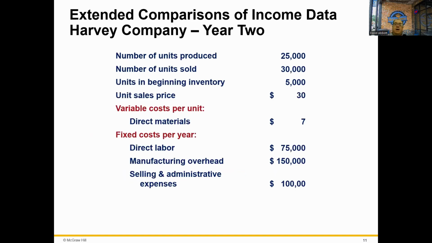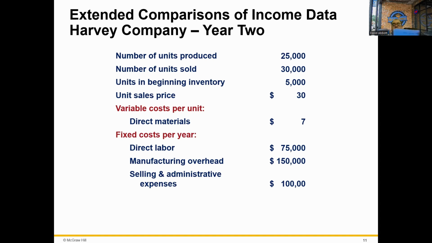And we can look at an extended comparison of income data. Two additional assumptions and facts about Harvey are that they had 30,000 units sold in year 2. The selling price per unit, variable cost per unit, total fixed costs, and number of units produced remained unchanged.